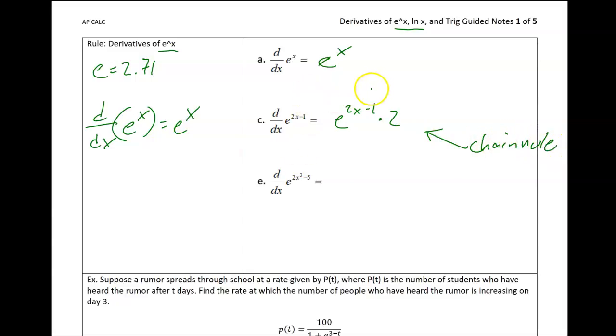Okay, so the derivative rule itself is easy, but we still have to use chain rule every time we have a function within that function. And then this one, e to the 2x to the third minus 5, well, that stays the same, times the derivative of 2x to the third minus 5, which is 3 times 2, 6x squared.